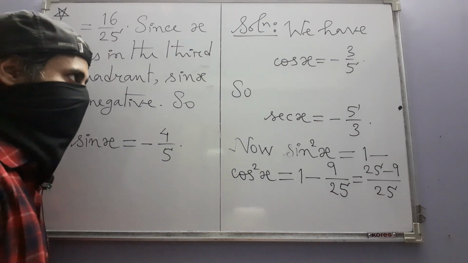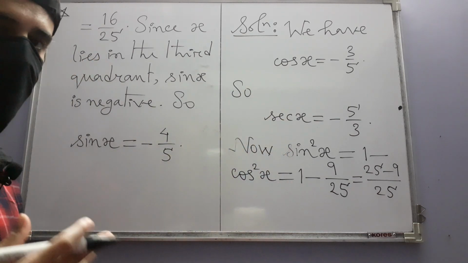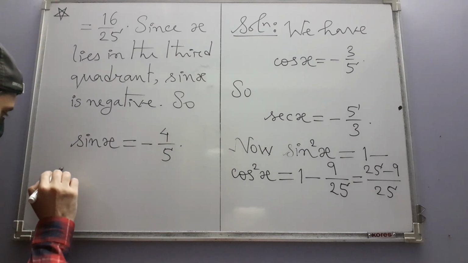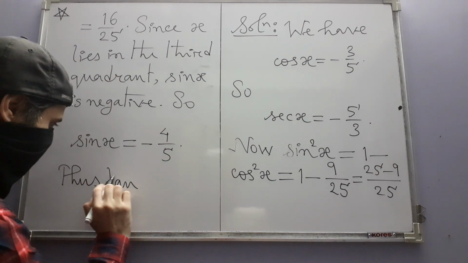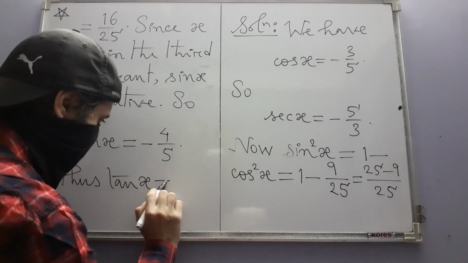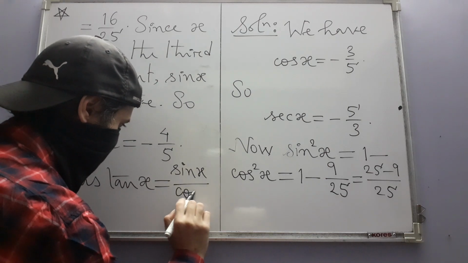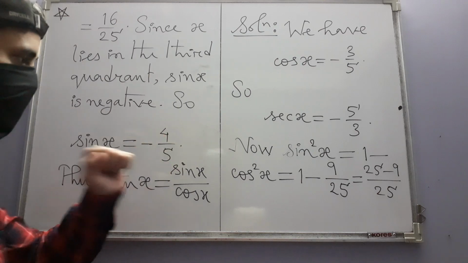Okay, so you have found secant x, and now you have found sin x. So using the sin and cos values, you can next find the tan value. Thus tan x, which is sin x divided by cos x, will now become 4 divided by 3.